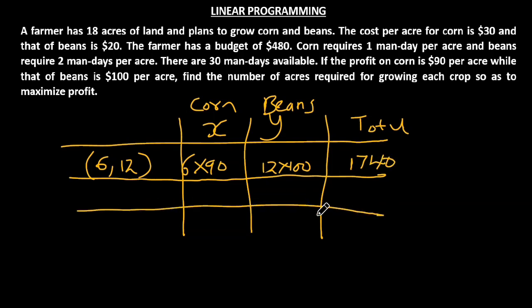The second coordinate that I used was (12, 6). So now again I can say 12 times 90 and then 6 times 100, and if I do the sum total of all of that, I get my answer as 1680.